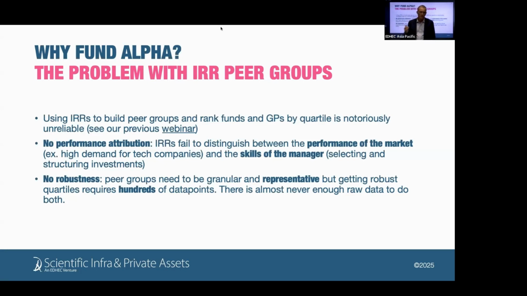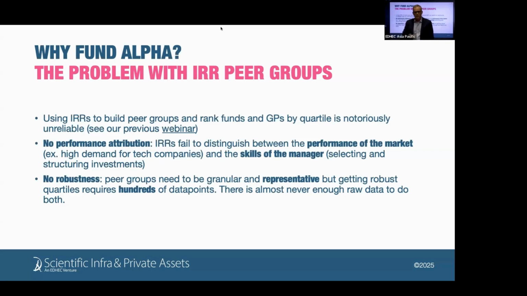Even if you had all the raw data available, it would still not be enough, usually, for a given strategy, for a given type of fund, to have robust numbers. We equated this in a recent paper to gambling, because it's so difficult to know whether you're in the top quartile or not when you have 20 data points or 30 data points. Even when you have 100 data points, it's fairly difficult to know from a statistical standpoint.